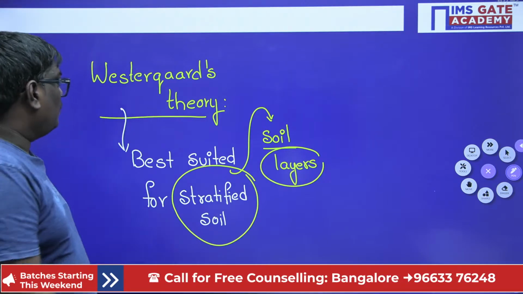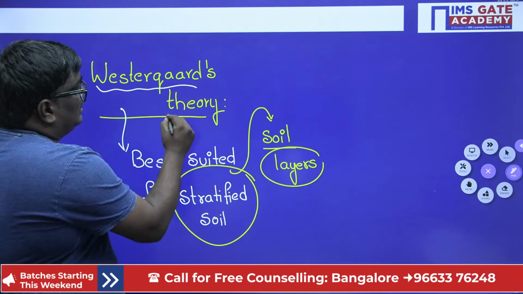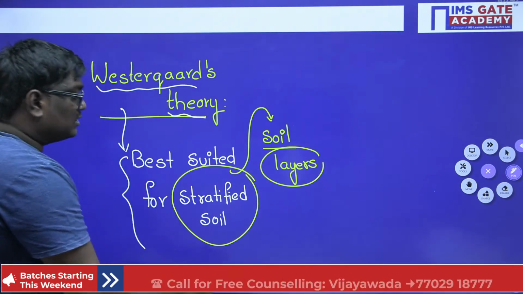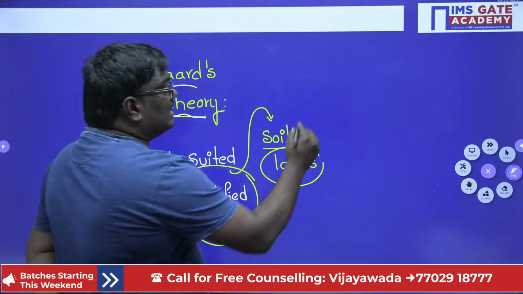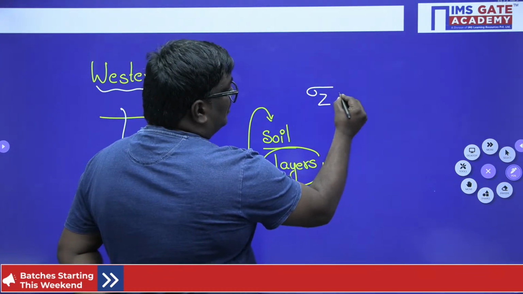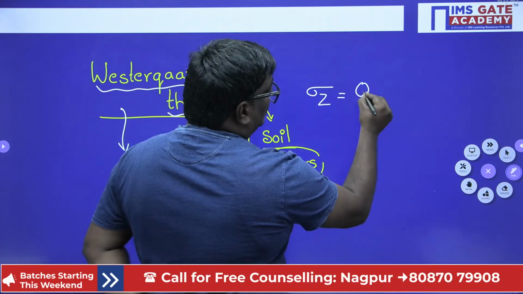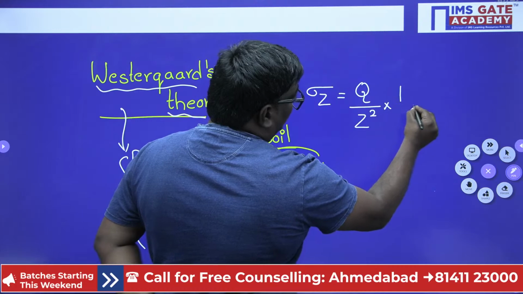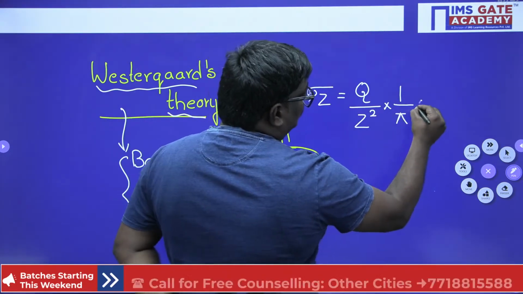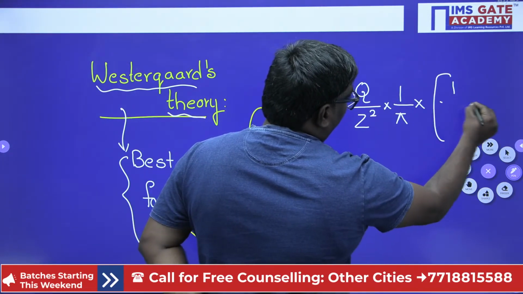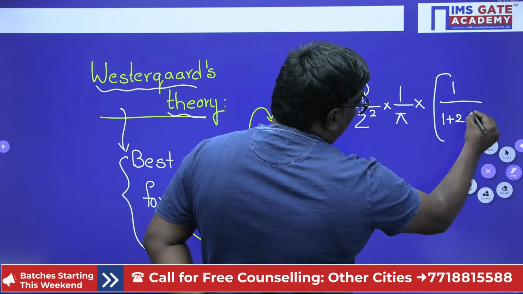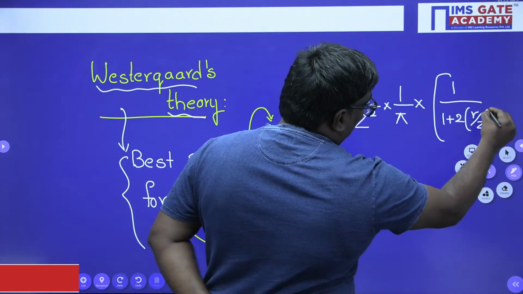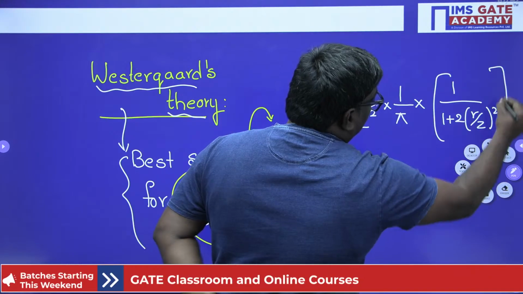Now, Westergaard's theory is best suited for stratified soils, and here the stress is given by the formula Q by Z square into 1 upon pi into 1 upon (1 plus 2 into (R by Z) whole square) whole power 3 by 2.